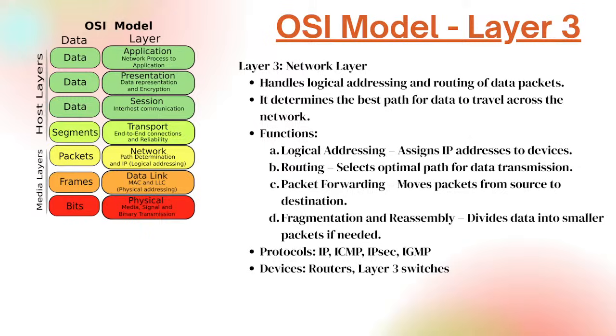Then, as in the previous layer we talked about segmentation and reassembly, here we have fragmentation and reassembly. Fragmentation means breaking the data into smaller packets for transmission and reassembling them when they reach the destination. The last one is error handling, which is also a part of the network layer.